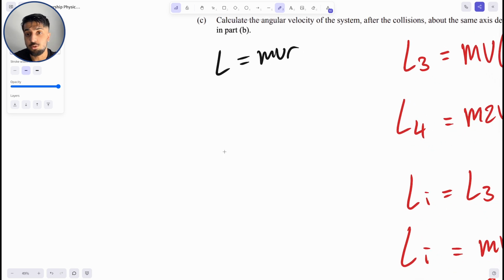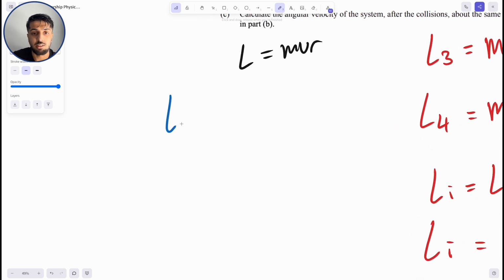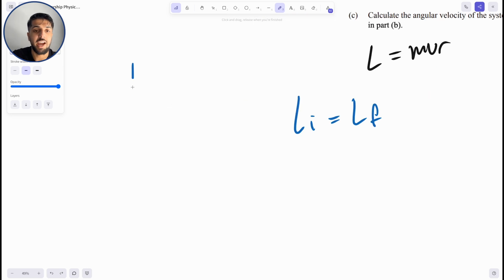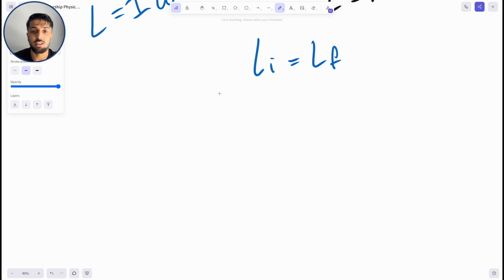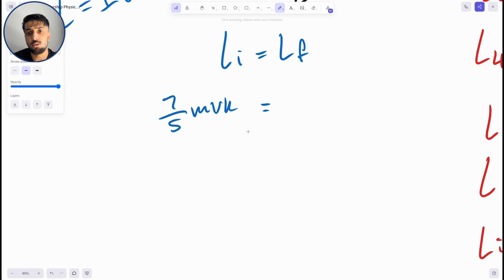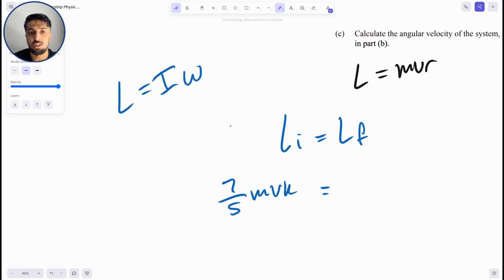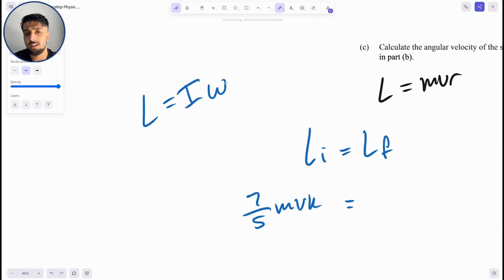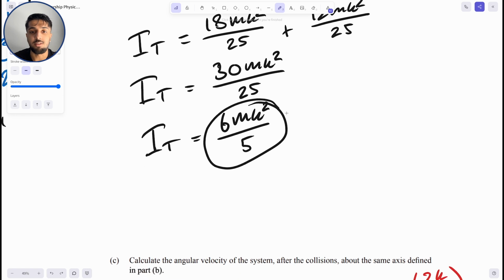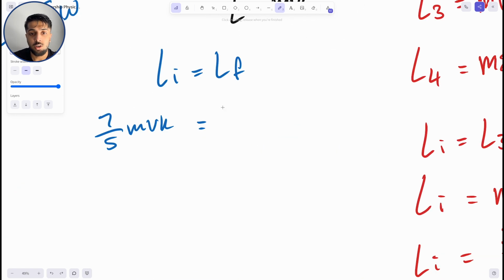So we know, due to conservation of angular momentum, initial angular momentum must equal final angular momentum. We also know that angular momentum is equal to the rotational inertia times the angular velocity. Therefore, our initial angular momentum is 7 over 5 mvk, and that's equal to the final angular momentum, which is I omega. Our I finally is the value that we found in the previous question, which is 6 over 5 mk² times our angular velocity.